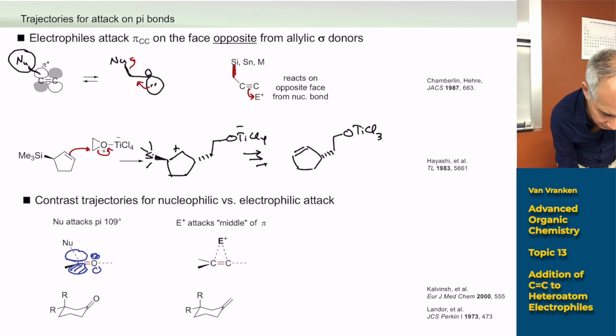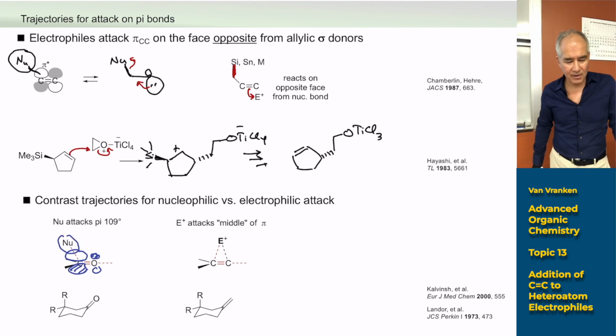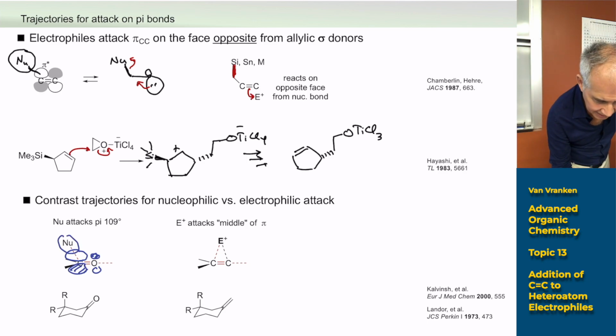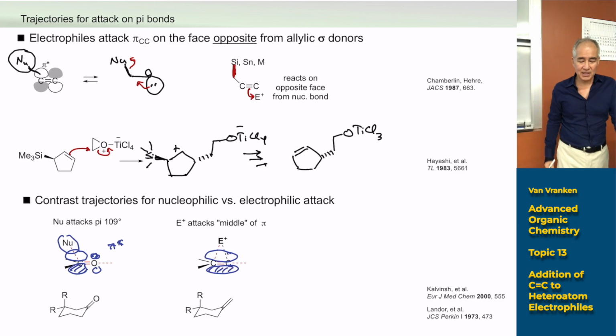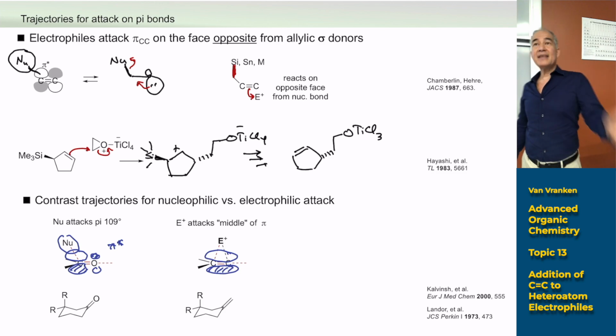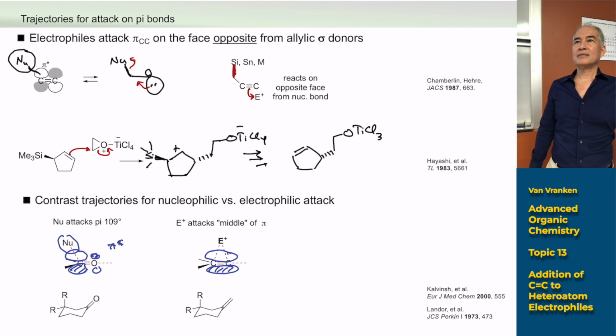And when you come in with your nucleophile, you want to avoid interactions when you add to pi star. That makes sense. But now, if I draw pi, pi looks like this. It's like a hamburger bun or hot dog bun that's been split. And now, when your electrophile comes in, you want to come in dead center from that double bond.